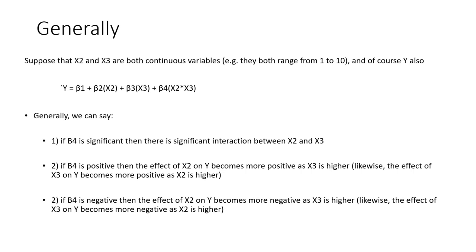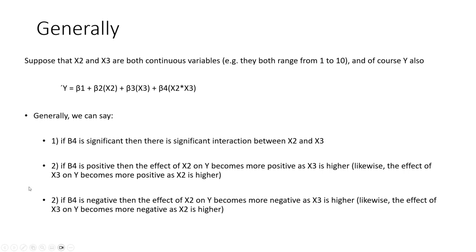Generally, we can say, in this particular case, that if beta 4, the interaction term coefficient, is significant, then there is a significant interaction between x2 and x3, which means that the effect of x2 on y is contingent on the values of x3, and it also means that the effect of x3 on y is contingent or moderated by the values of x2.